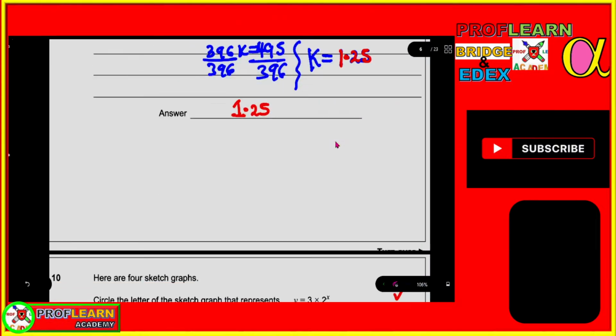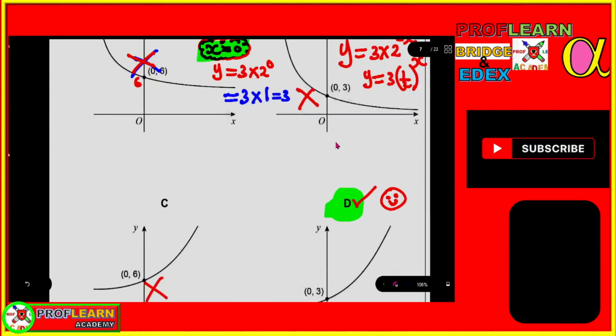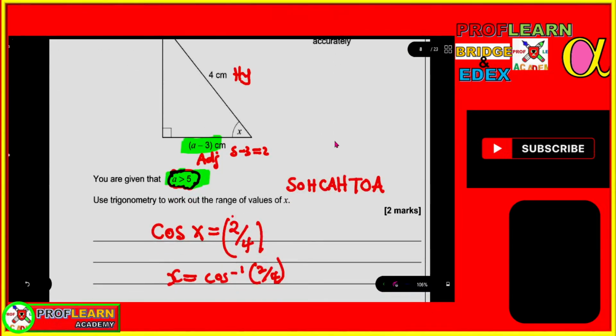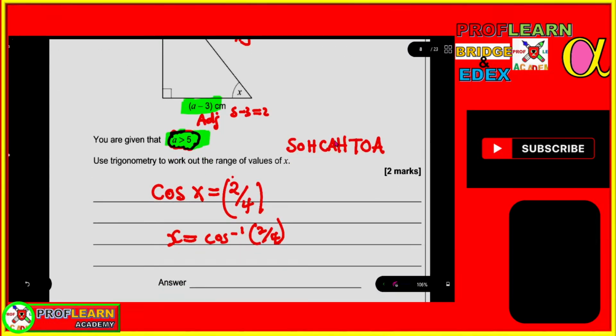If you put it in the calculator, what do you get as the value of x? I can see in the chat section we're saying this is going to be 60 degrees.